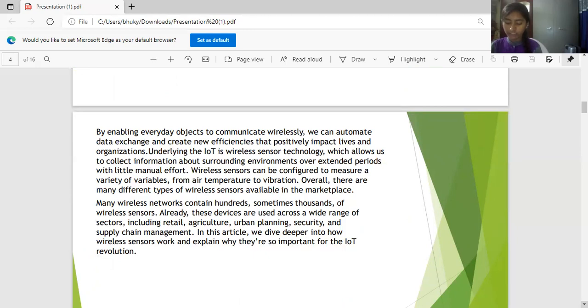There are many different types of wireless sensors available in the marketplace. Many wireless networks contain hundreds or sometimes thousands of wireless sensors. These devices are already used across a wide range of sectors, including retail, agriculture, urban planning, security, and supply chain management.